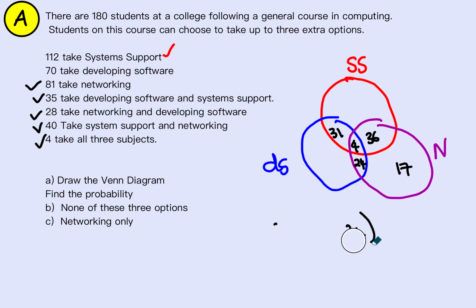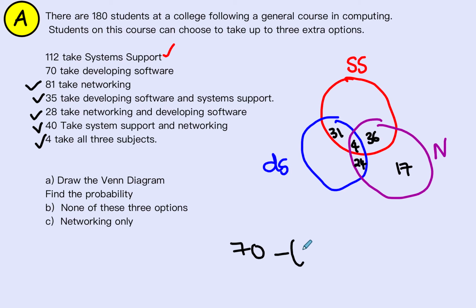Okay, so I'm just going to rub out that calculation so you can use more of this space. So now we can start to interpret 70 take up developing software. Do feel free to pause the video and work this one out yourself. If 70 take up developing software, I've got to take away these spaces to get me this space in my Venn diagram.